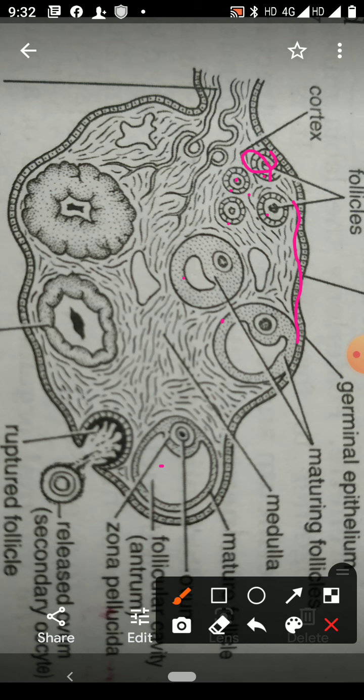The immature ovum and the surrounding follicular granulosa constitute the primordial follicle. So this is the immature egg, and around it follicular granulosa cells are present. So together, this structure is the primordial follicle. All these follicles are developed in the embryonic period.